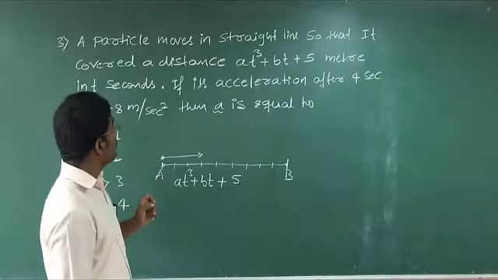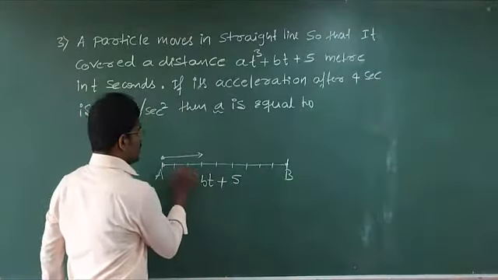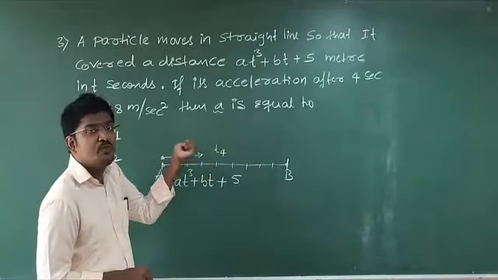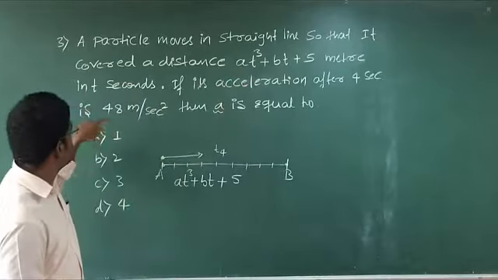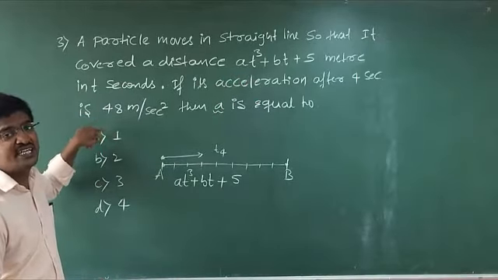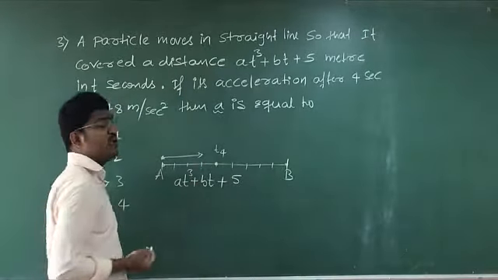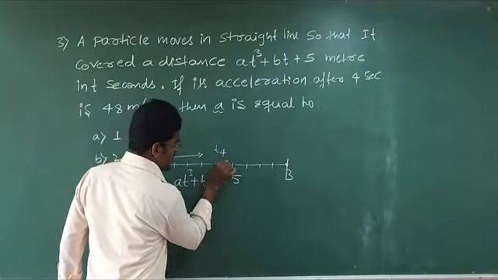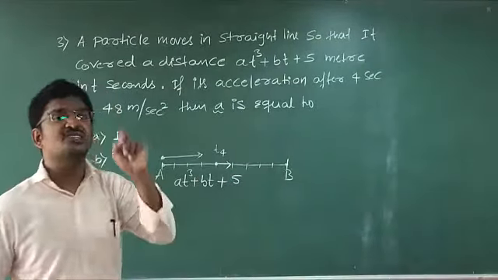Clear? So after 4 seconds, that means 1, 2, 3, 4. After this particular point, how much is the acceleration? The acceleration is 48 meter per second square. After this point, the particle is traveling with 48 meter per second square.